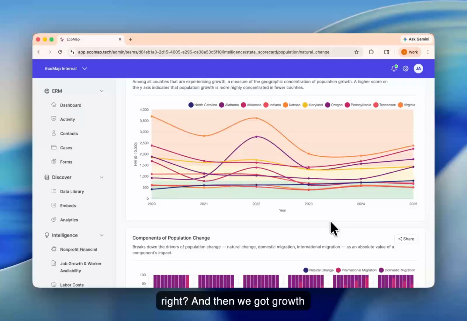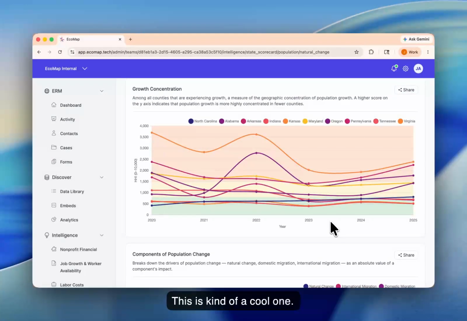And then we've got growth concentration. This is kind of a cool one. We built an index based on some research that allows us to say, of the places that are growing, the counties that are adding population by natural change, this index shows us the geographic concentration of that population growth.